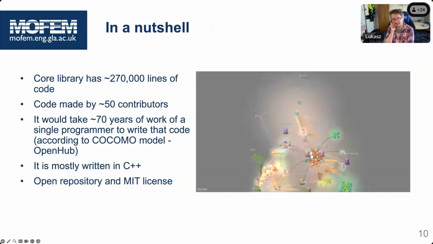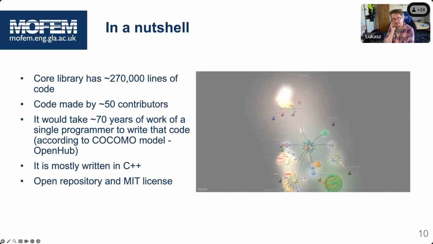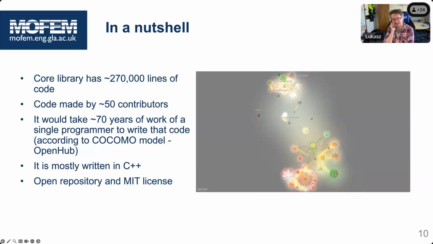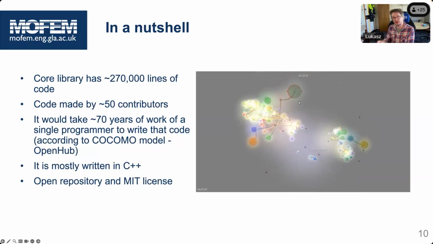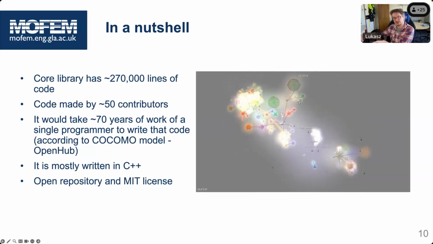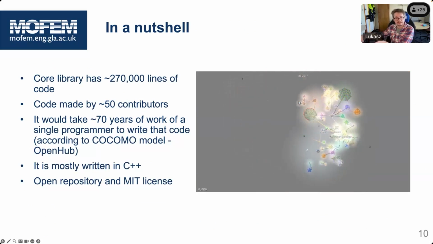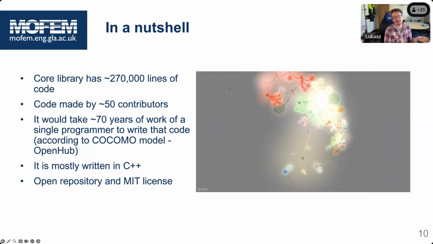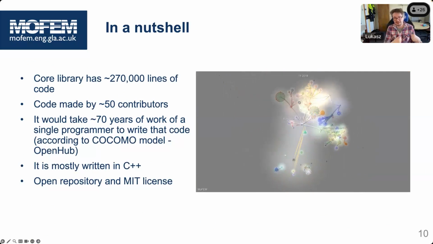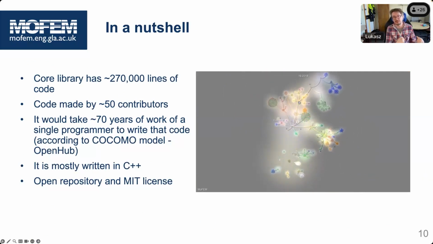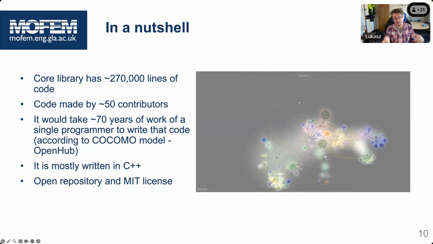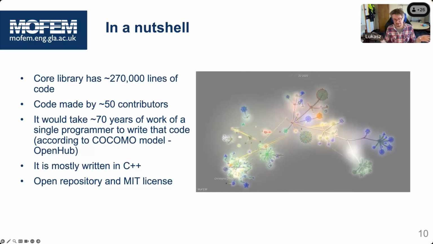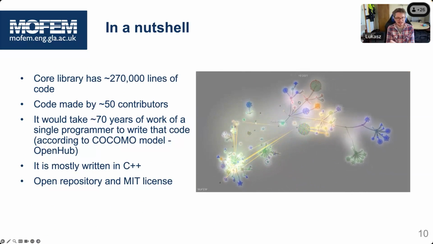We started MOFEM in 2013, and we have this idea that we keep the core, and then we have modules with the applications. The core is under an MIT license, and by separating applications from the general abstraction in the core, we can separate the implementation.